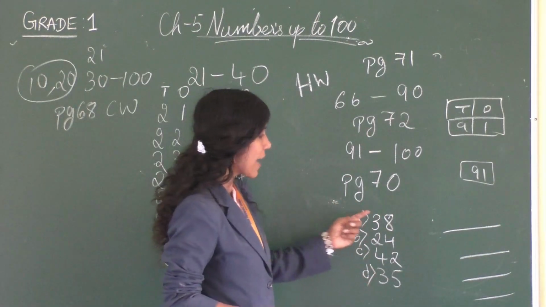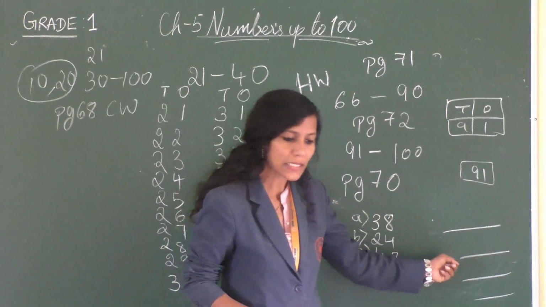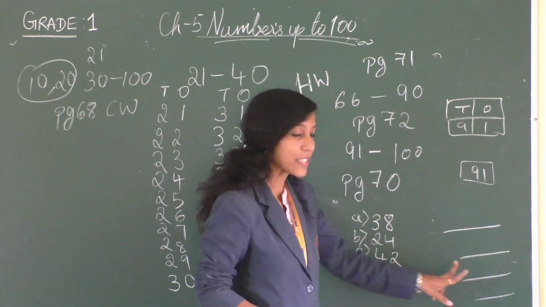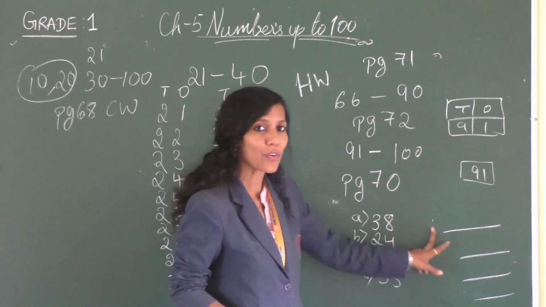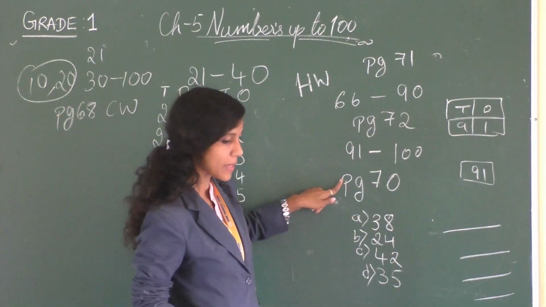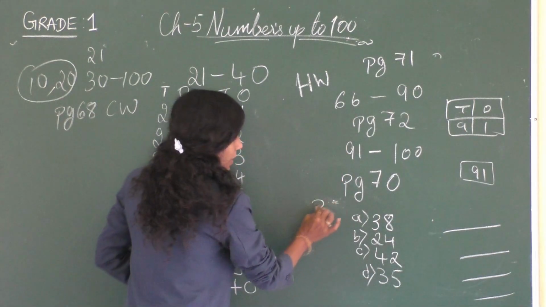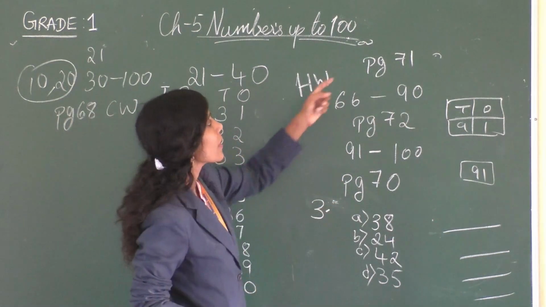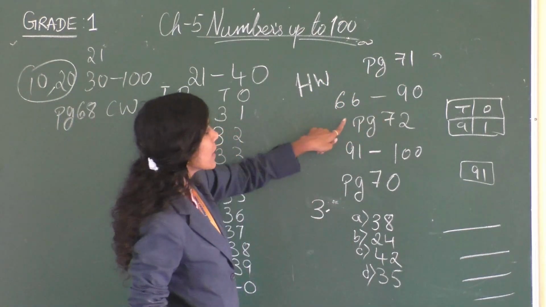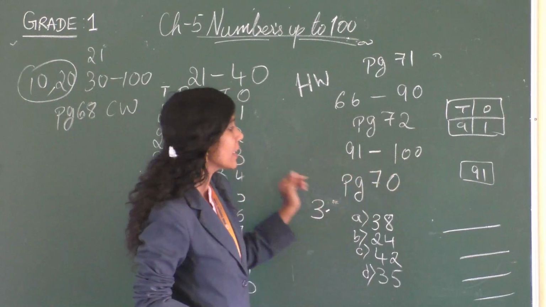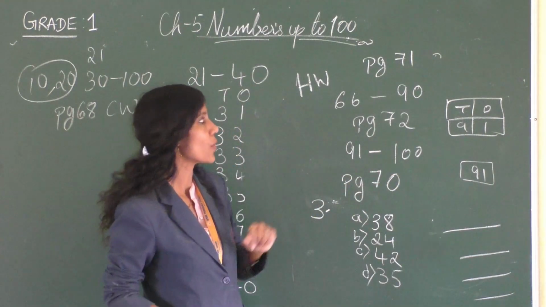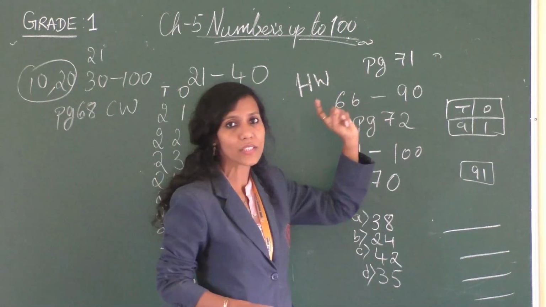You have to match these number names with the correct numbers. Search for 38 here and match it, 24 here, match it. So your homework is page number 70, third exercise, page number 71 for 66 to 90, page 72 for 91 to 100, and the lion below. These four, pages 70, 71, 72.